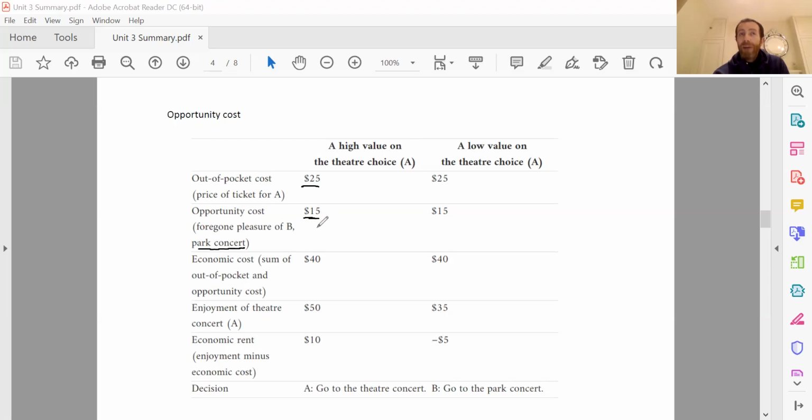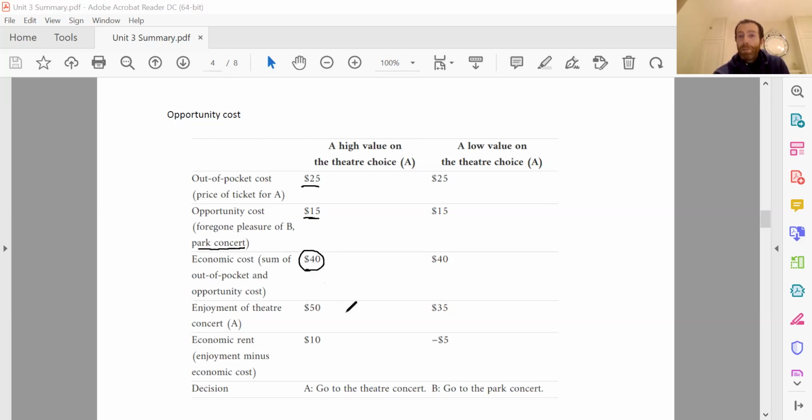So the value that they put on going to the park concert is $15. So if they decide to go to the theater, they have to pay the $25 to get in, and they lose out on the $15 worth of pleasure they would get from going to the park concert. So the total economic cost to them of going to the theater concert is $40.